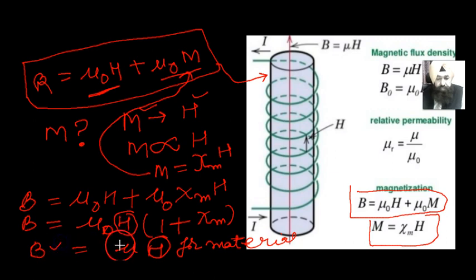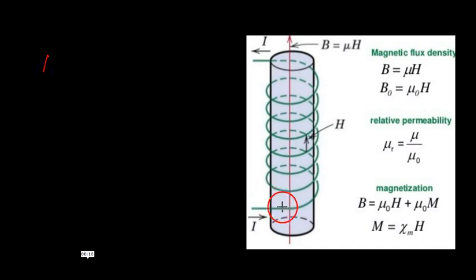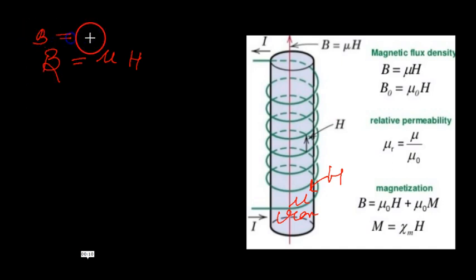If I say this is iron, iron is having permeability mu, H induces its effect in the material, and a magnetic field develops, which is B equals mu H. Now just compare the two equations.